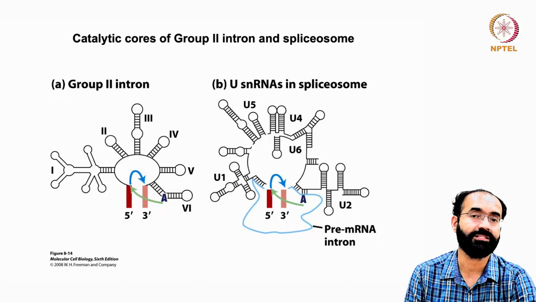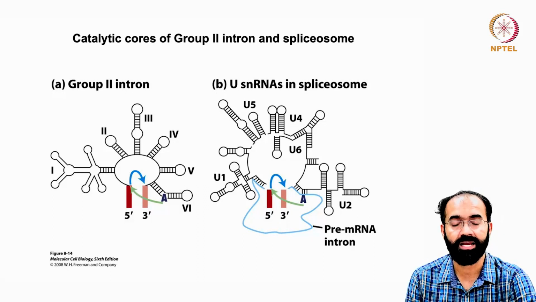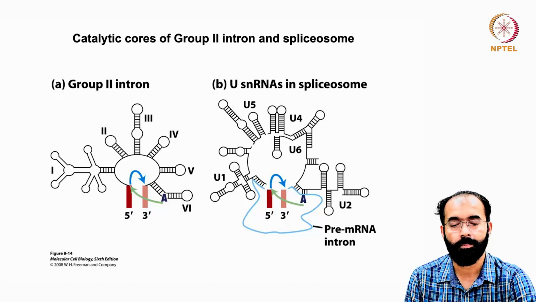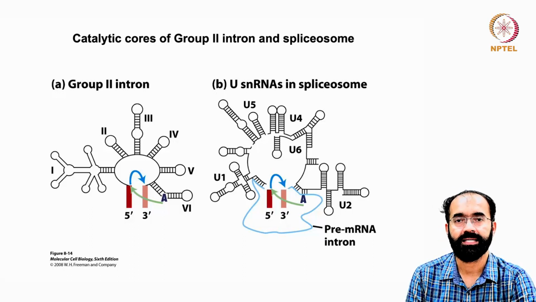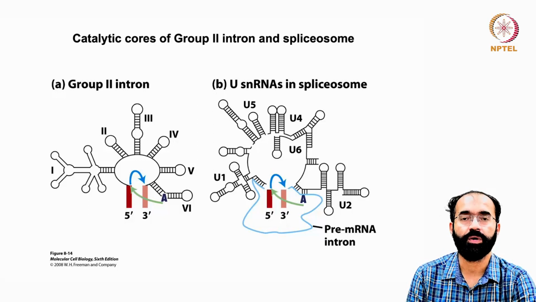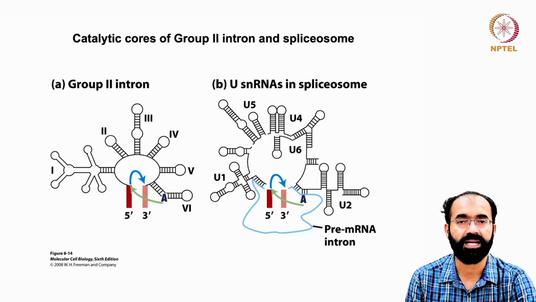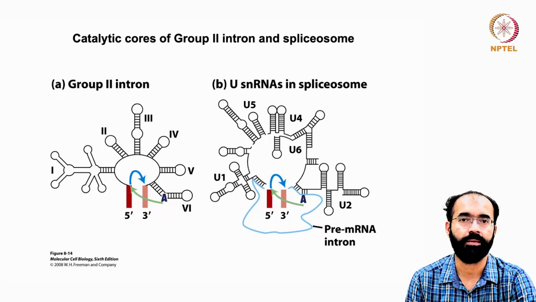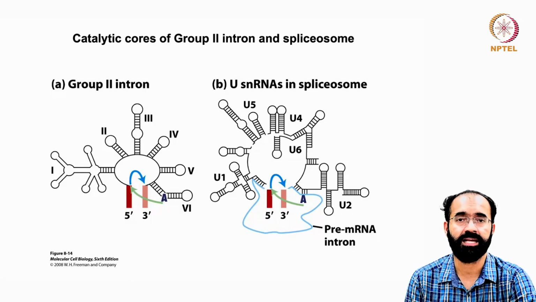So you may remember a similar comparison between ribozyme and tRNA in one of the earlier classes. So many times the splicing event requires similar type of secondary structure formation. It cannot be done out of the blue. The shape has to be in a particular manner. This is just like, say, if you are talking about a projectile motion.